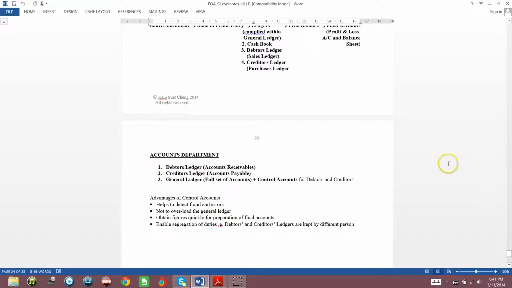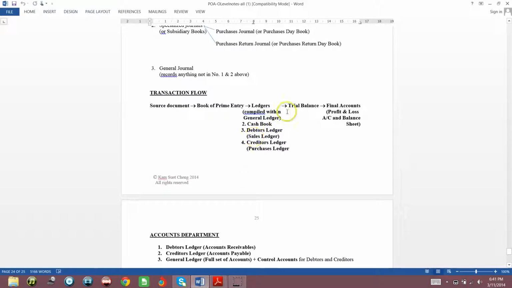Because when you hire people into your company, you have to think of what to let them do, and whatever you ask them to do, it's best that you make them responsible for that section of the work. So by having a control account different from the debtors and creditors ledgers, one advantage is to enable segregation of duties.